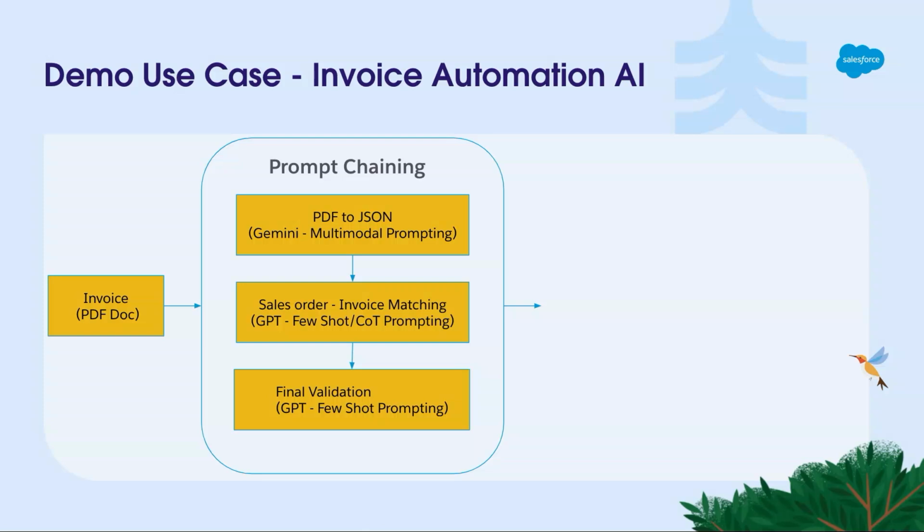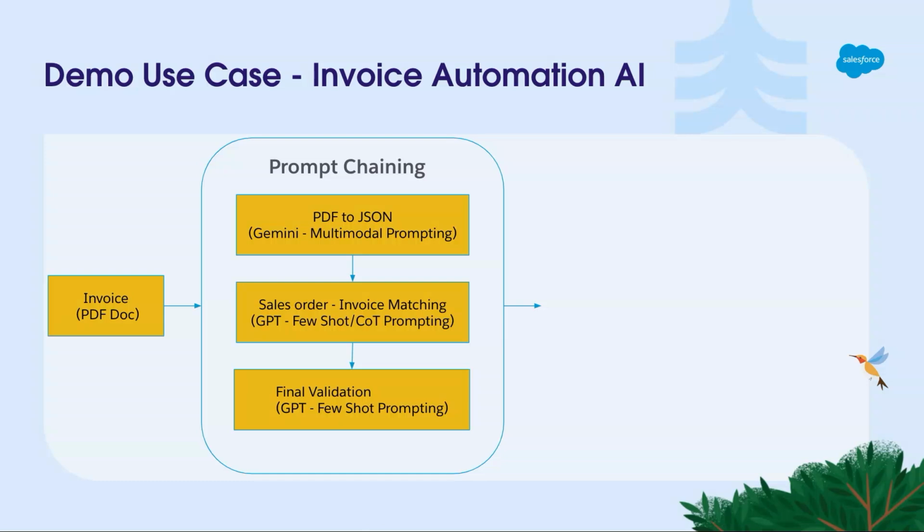I'm going to use the Gemini API to call the Gemini prompt API. I'm going to send the PDF blob from Salesforce, and it's going to execute and return JSON data for us in real time. And then I'm going to apply the few-shot prompting as well as the chain of thought prompting techniques to read this JSON, validate this JSON, and perform a two-way matching between this, and do some arithmetic calculation as well, and provide an output.